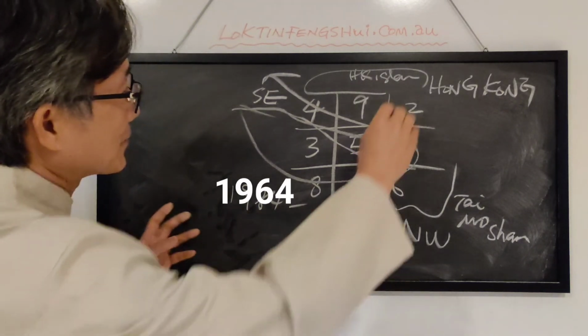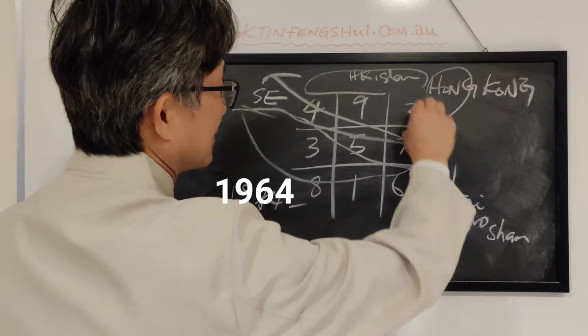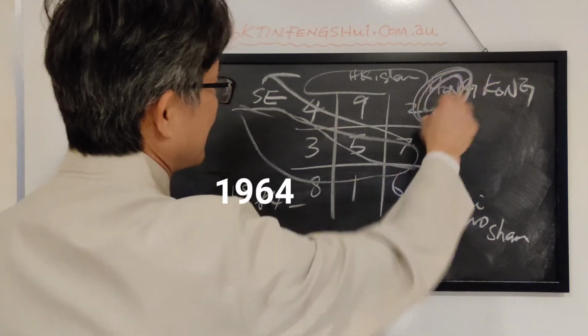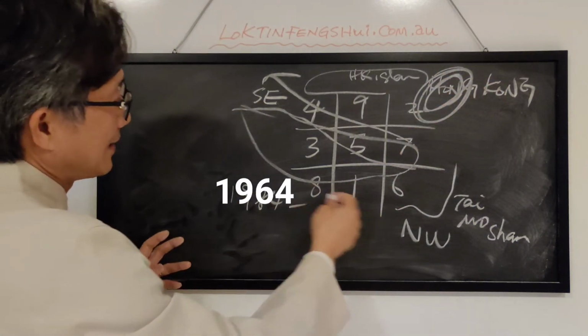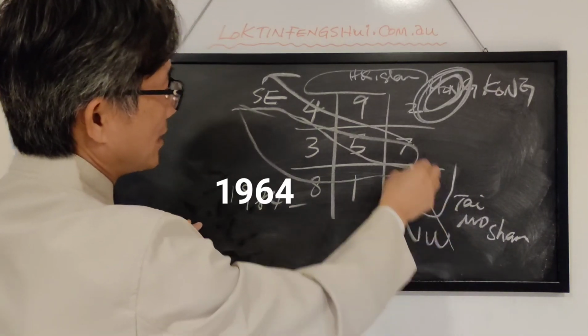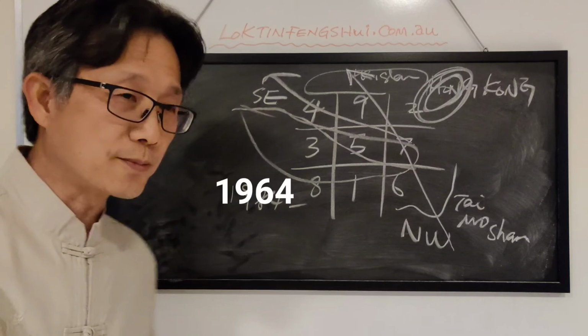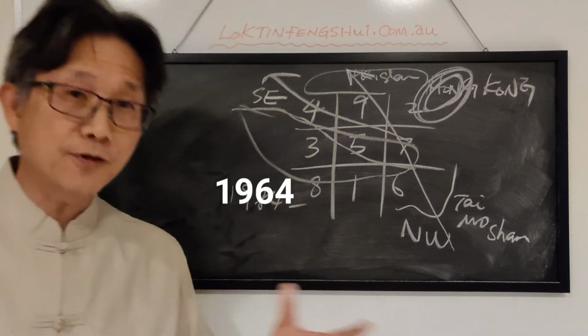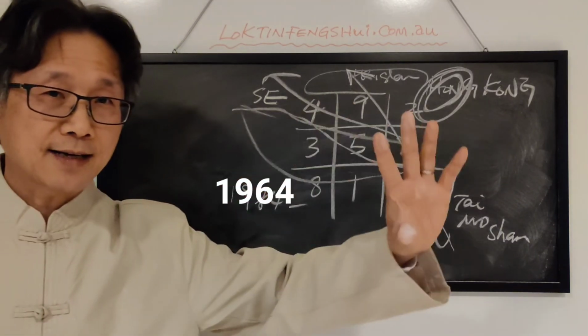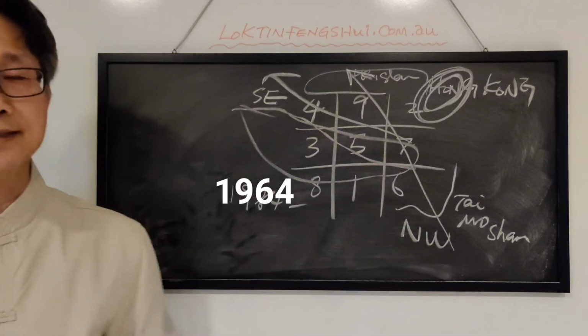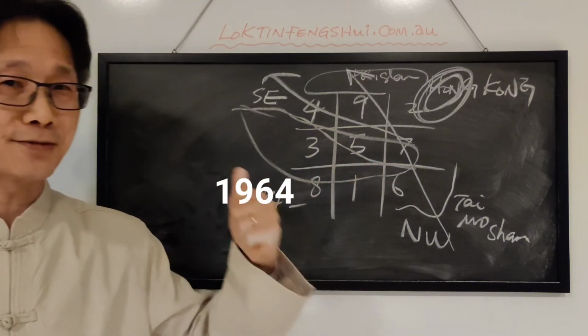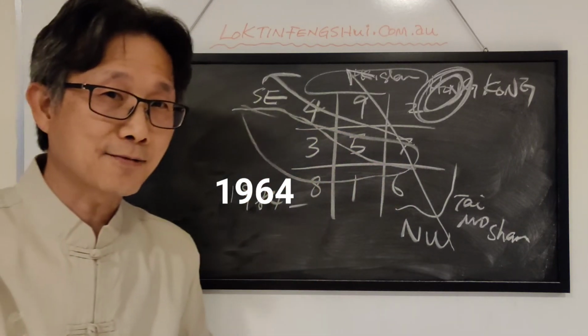So Lantau Island was on this side. Lantau Island is here. And if you draw a line there, in terms of form Feng Shui, the left side is called Green Dragon, which is a good creature. The right side is called White Tiger.